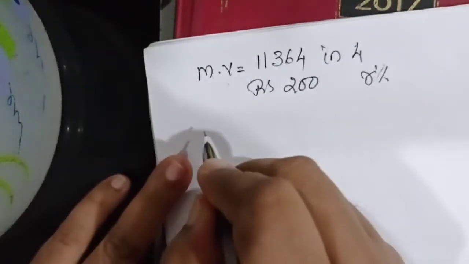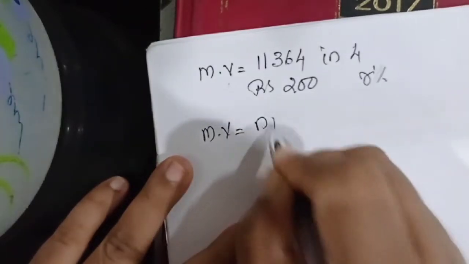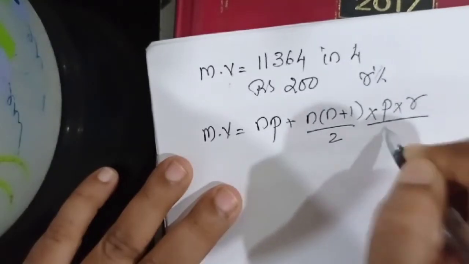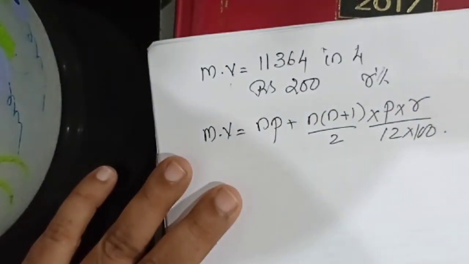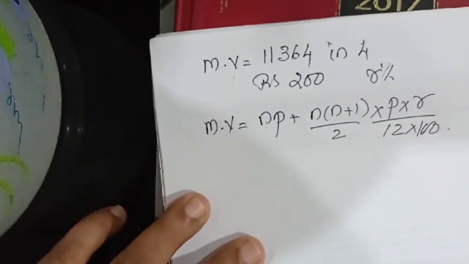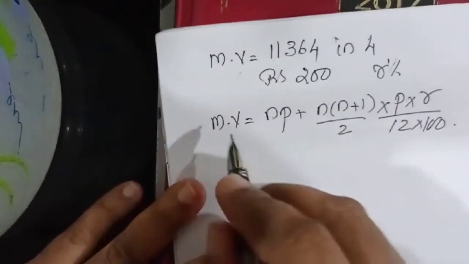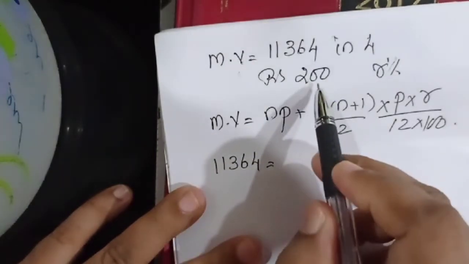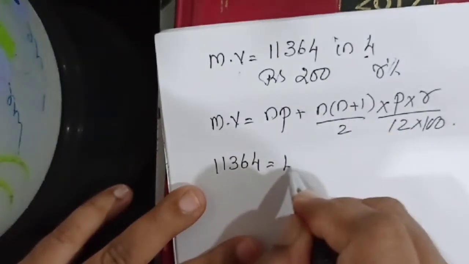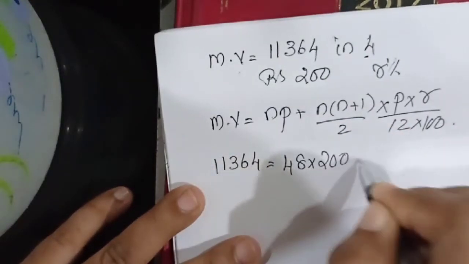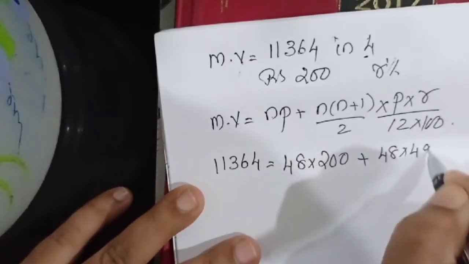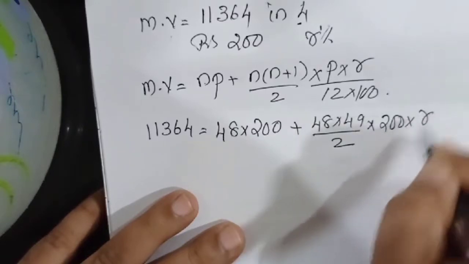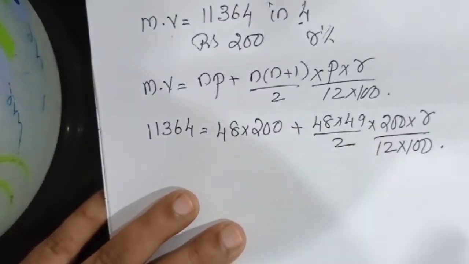Okay, copy the formula. Maturity value equal to NP plus N into N plus 1 by 2 into P into R by 12 into 100. By heart this formula. In the place of maturity value, 11,364 equal to NP. What is NP? N is 4 years means 48 into 200 plus 48 into 49 by 2 into P means 200 into R by 12 into 100. Okay.